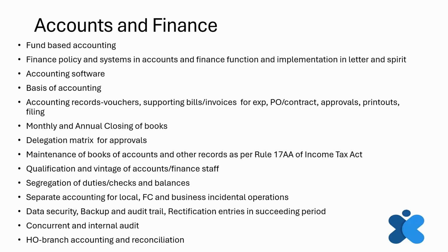I am told that people are maintaining manual accounting documents, and they are inputting data into accounting software after maintaining it manually and not taking printout. So better to only do the accounting software and take printout from the software, which is more valid.